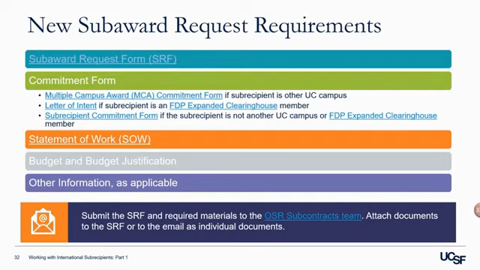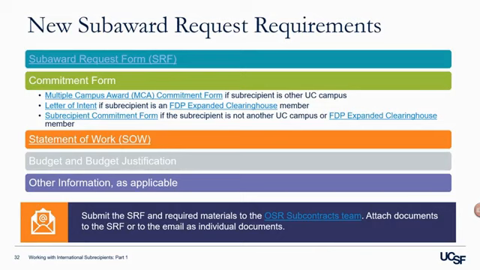Again, this could be the MCA if the subrecipient is a UC campus, the letter of intent if it's an FDP expanded clearinghouse member, or the subrecipient commitment form if the subrecipient is not a UC campus or FDP expanded clearinghouse member. We also need the statement or scope of work, the budget and budget justification, and any other information that is applicable to your specific award, your specific project, your specific sponsor.